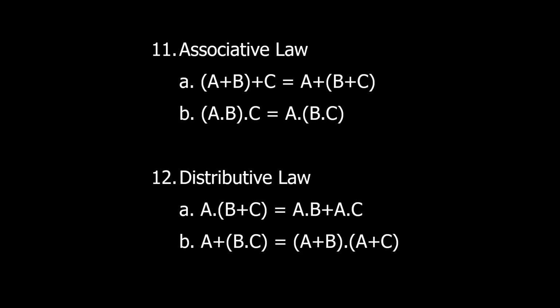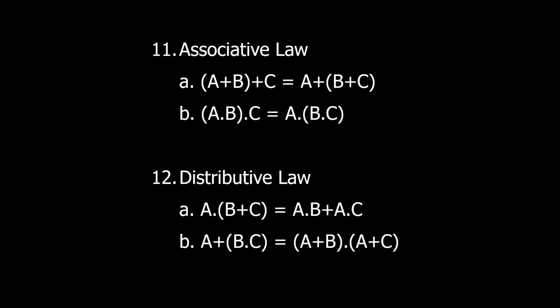Therefore, according to the associative law, if we do the A OR B operation first, or if we do the B OR C operation first, it doesn't matter. They are all equal to each other. In part B, we have the associative law for the AND operation. In that, (A AND B) within brackets AND operated with C is equal to A AND (B AND C) within brackets. Here also the order can be changed.